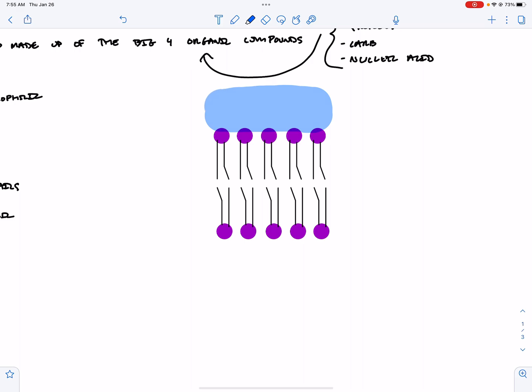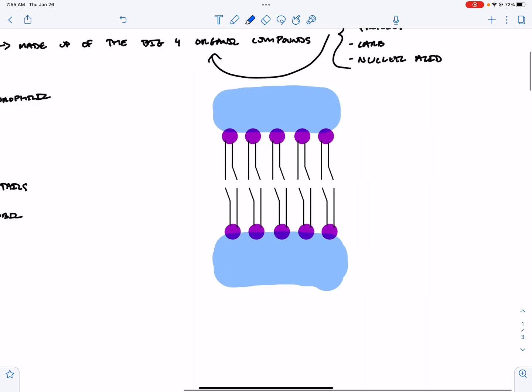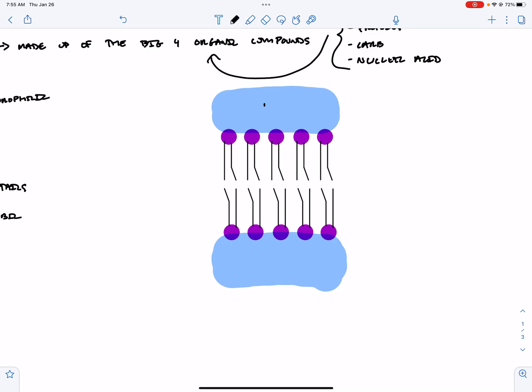So if we put phospholipids in aqueous solution, which means a watery solution, they arrange themselves spontaneously in this way, where we have water here and water here, and the phospholipids arrange themselves so their heads are encountering the water on either side, and their tails are mingling together.